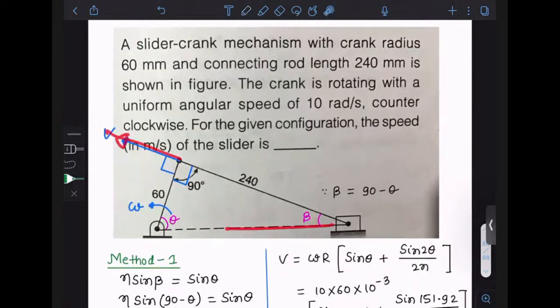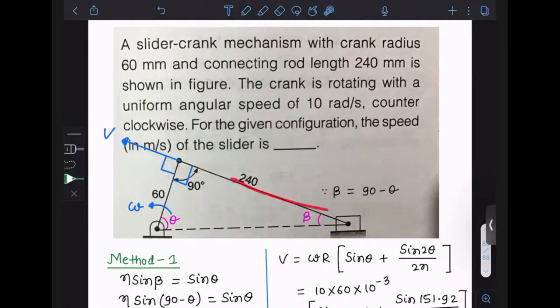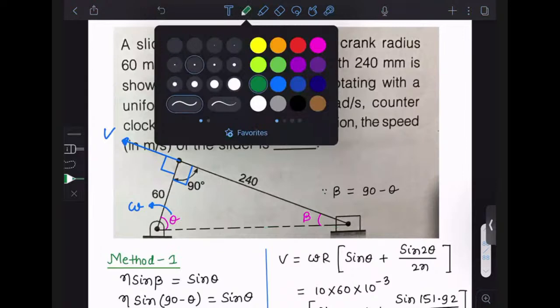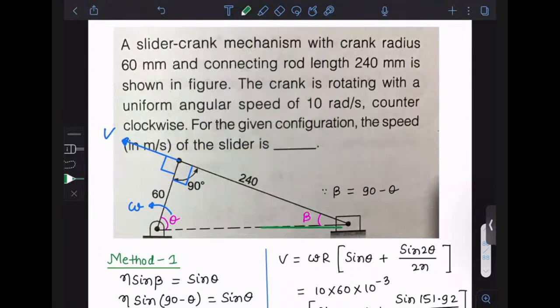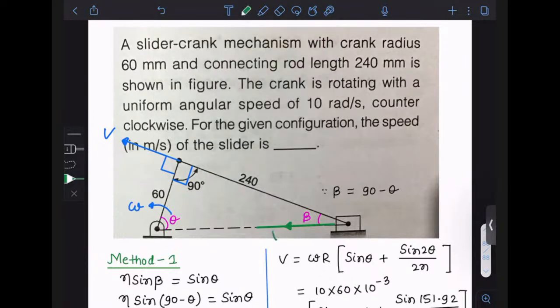Now, once you break this component, see, the component of this velocity along the connecting rod in the direction of piston velocity, suppose this is your piston velocity, my dear. This is your VP, velocity along the piston.